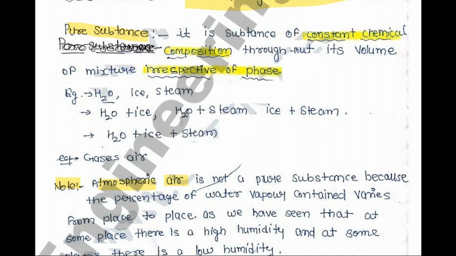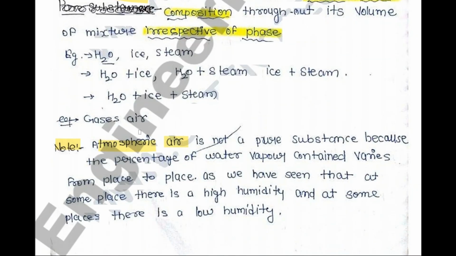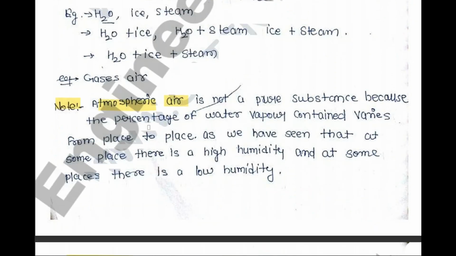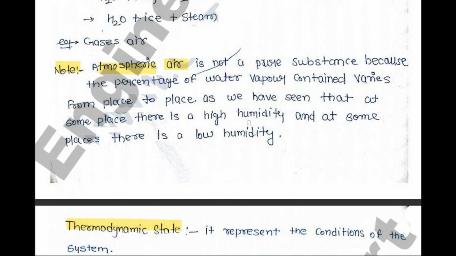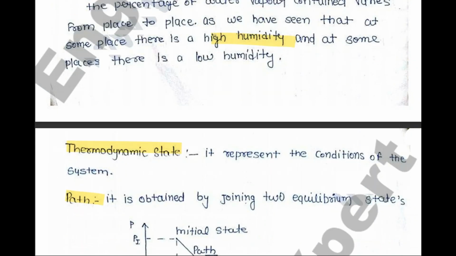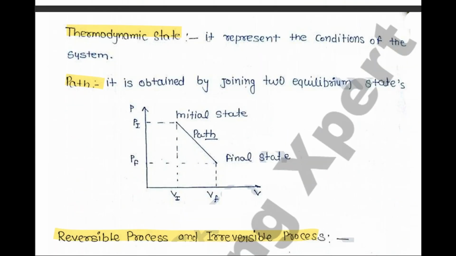So they are said to be homogeneous, but a gas like air is not a pure substance, because the composition may vary from place to place. The example given here is humidity, which is more in coastal regions and lesser in landlocked regions like northern India. So you cannot say that air is a pure substance.